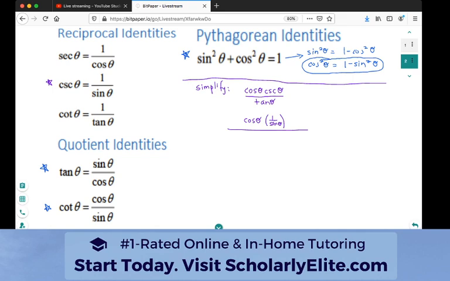And pretty much my number one tip for you guys is that when you see reciprocal identities in your identity problems, most of the time it's going to behoove you, aka you're going to want to break them down into their more complex versions. So if you see CSC of theta, you're going to want to break it down so that it says 1 over sine of theta.